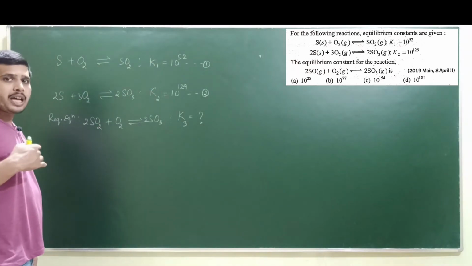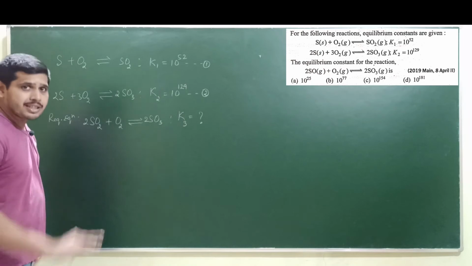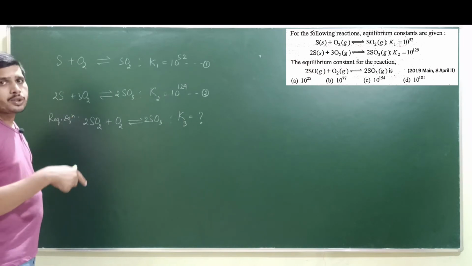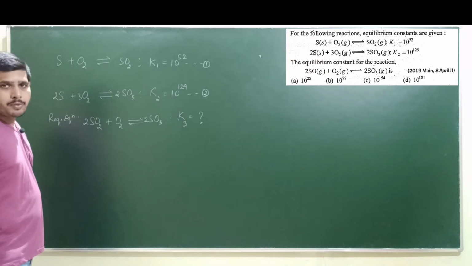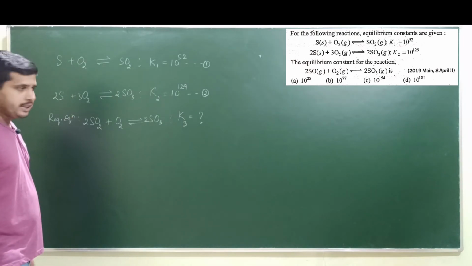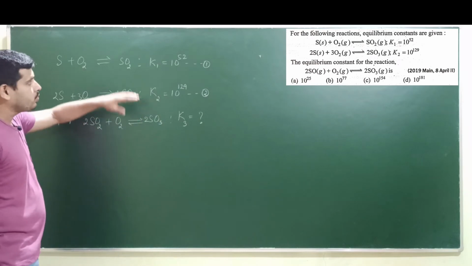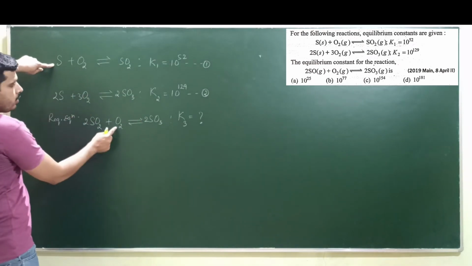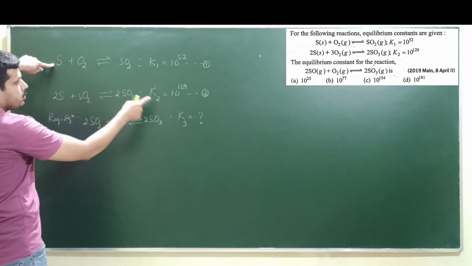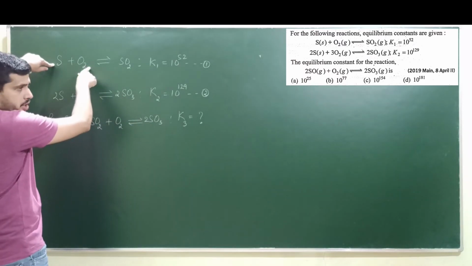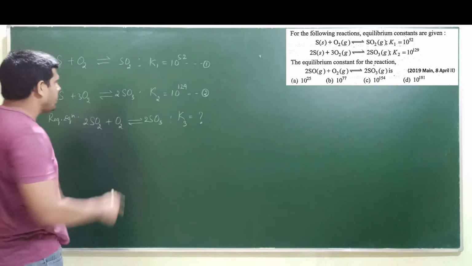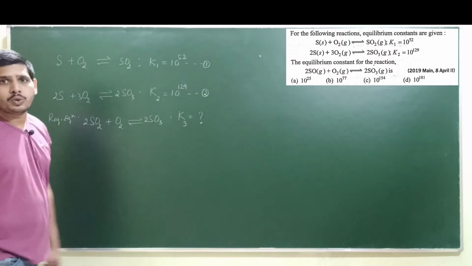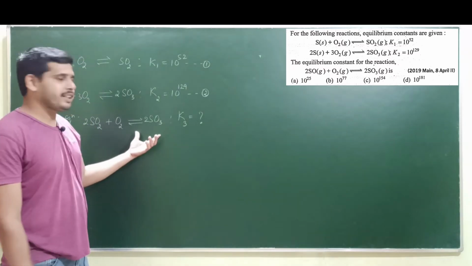When we multiply, the power has to be raised, and when we reverse the equation, the reciprocal of that raised equilibrium constant is to be taken. What else do we have to do? We have to cancel sulfur, 2 moles each, and oxygen is 1 mole, so equation 2 is to be added to equation 1 after reversing, therefore 3O2 minus 2O2 will be O2, and we will get the required equation.